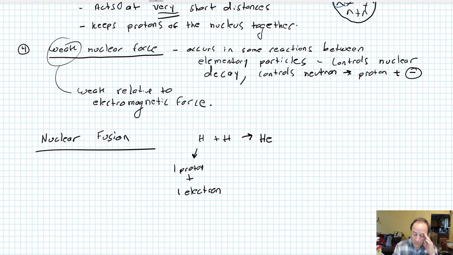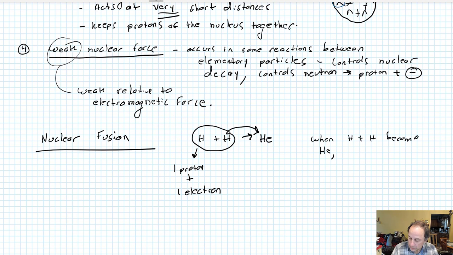The trick with fusion is when these two hydrogen atoms fuse together to become helium, there's a tremendous release of energy. When H plus H become helium, there is a tremendous release of energy.